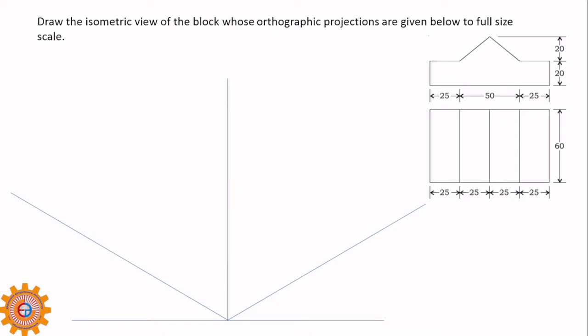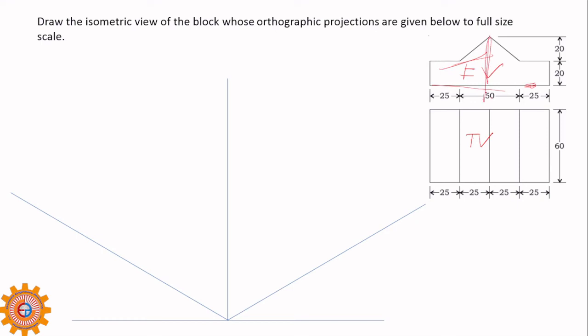So what should I do? In first angle projection, the top one is the front view and the next bottom one is the top view. So my task is to complete this one. First I will draw this bottom line. Then, instead of drawing this one, I have to draw one vertical line here.